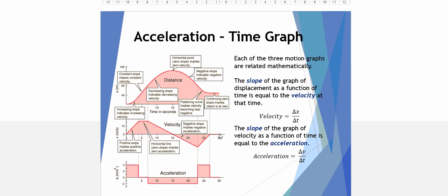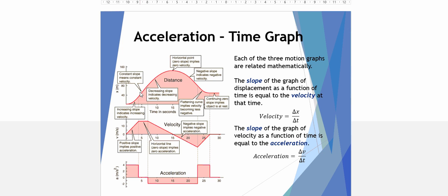Here's a summary of all that information. Importantly, you should be able to see the relationship between the gradients of each of the three graphs. First of all, the slope of the displacement time graph gives us a measure of the velocity. So at this point where the gradient is 0, we find that the corresponding velocity time graph has a velocity of 0.